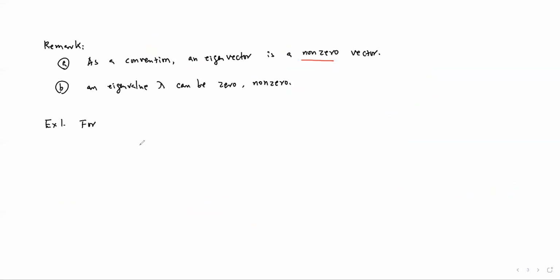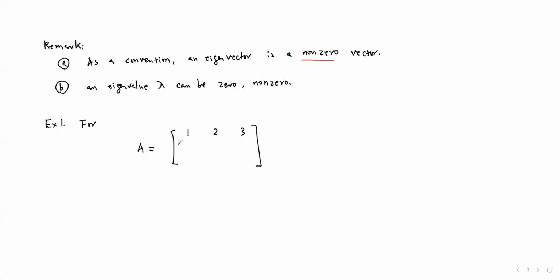For this matrix, 1, 2, 3. The row sum is 6. Row sum means the sum of all the entries in a row. 1 plus 2 plus 3, 6, right?